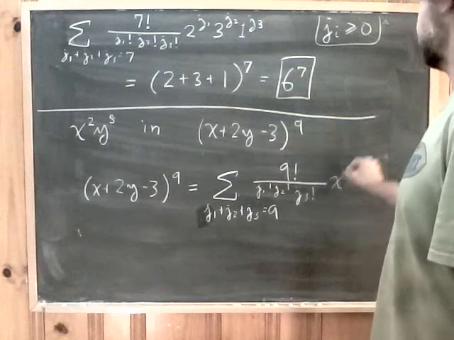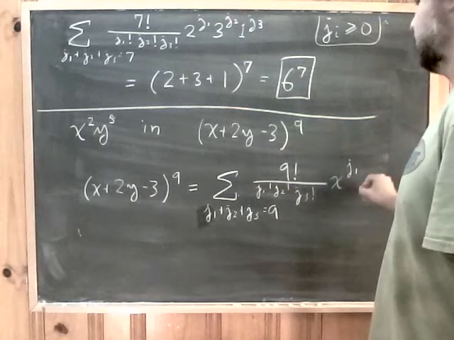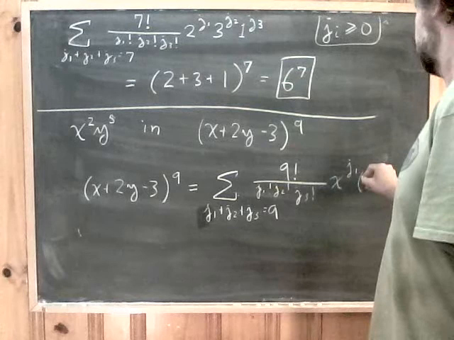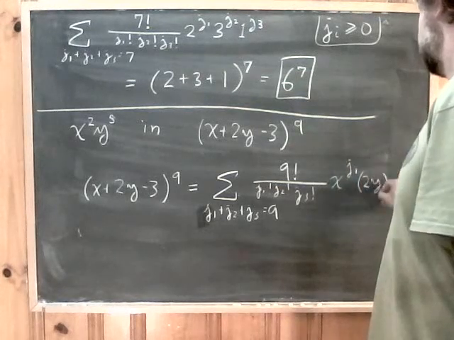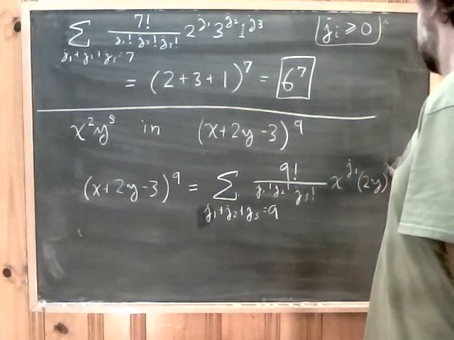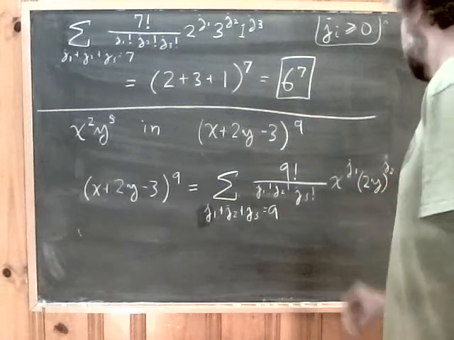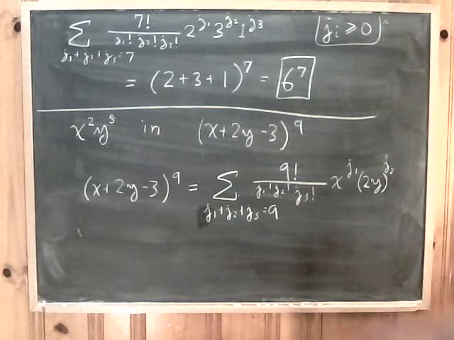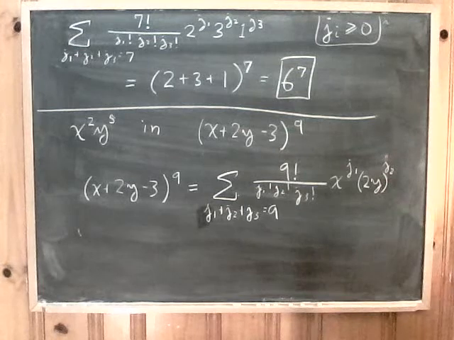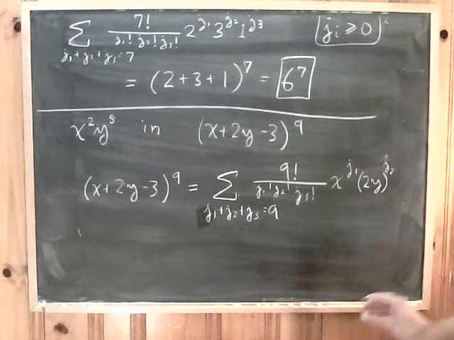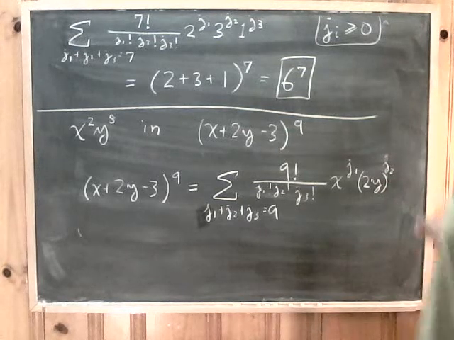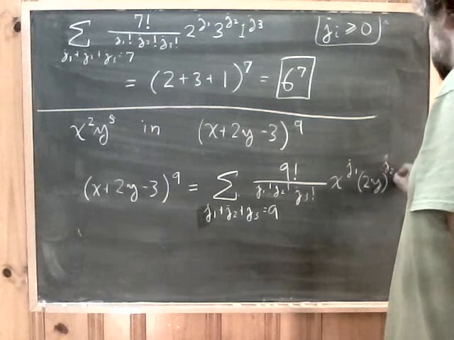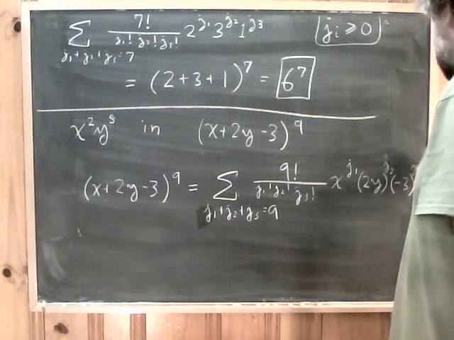There's going to be an x to the j1, 2y to the j2. Notice that that 2y is the second piece inside of the multinomial. It has to stay together, so it's all to the j2. And same thing for the minus 3. The original multinomial all has pluses, so this will be a minus 3 in parentheses to the j3.